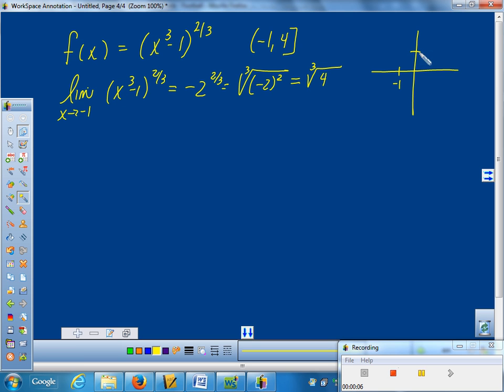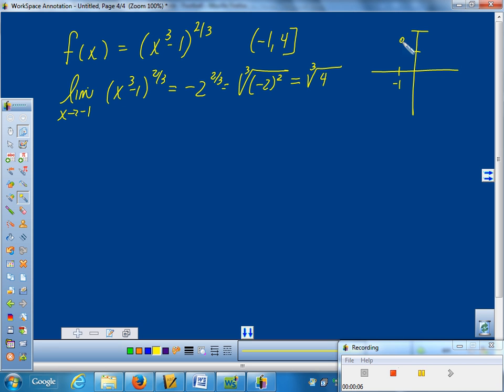Cube root of 4 is 1 point something, 58, thank you. So we know that at that point the graph is there. It could go higher than that, it could go lower than that, because this graph could bounce around, who knows what all it does. So we just have to be aware that we have to get points higher or lower than that to have absolute maximums and minimums. So we'll think about it at the end.